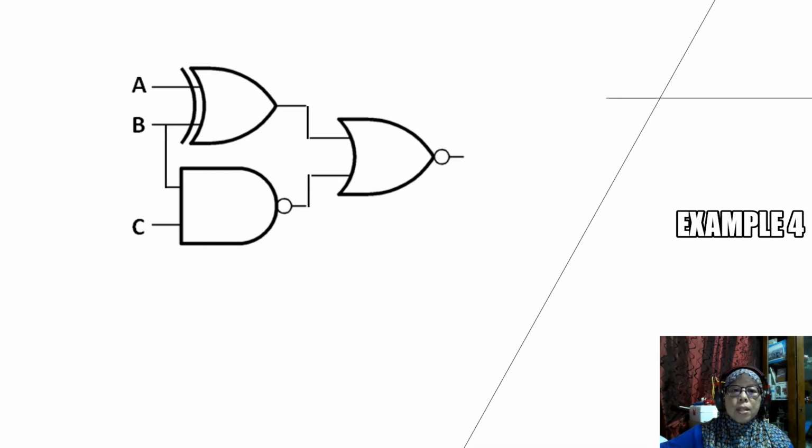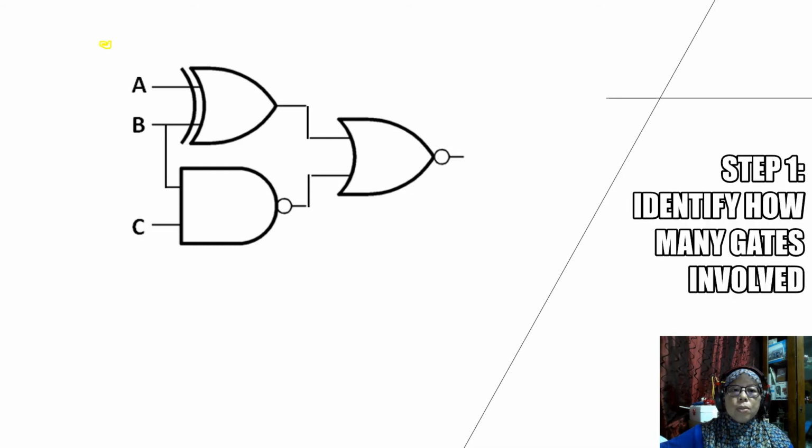Right. First step, you mesti ingat look from left to right. So how many gates involved? Okay, 3 gates. 1, 2, 3 gates. So what are the gates here? So we have here ini apa ni? Exclusive OR gate. This one we have NAND gate.